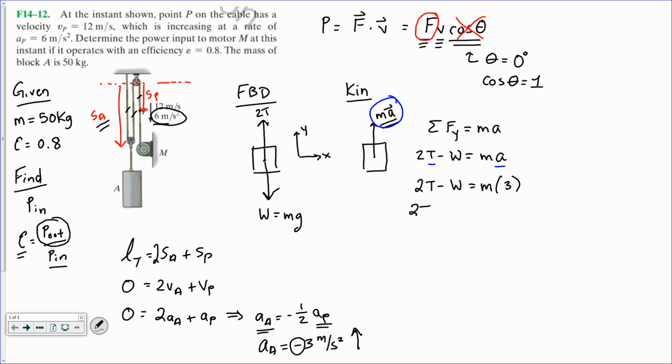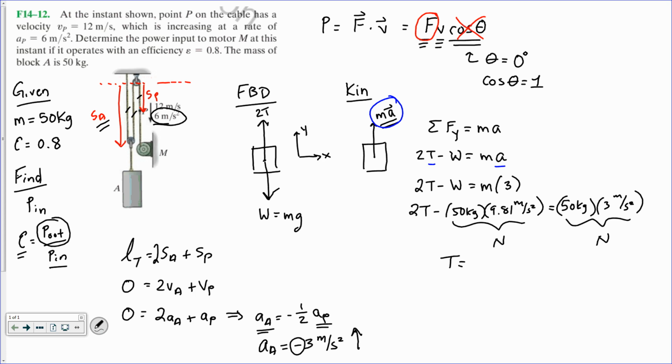The only unknown here is the tension. 2T minus the weight, which is 50 kilograms times 9.81 meters per second squared, is equal to 50 kilograms times 3 meters per second squared. Everything is in newtons, so my tension will be in units of newtons. When I plug this into my calculator, I find out that the tension within the cable is 320.25 newtons. This is the force that I need for my equation up here.